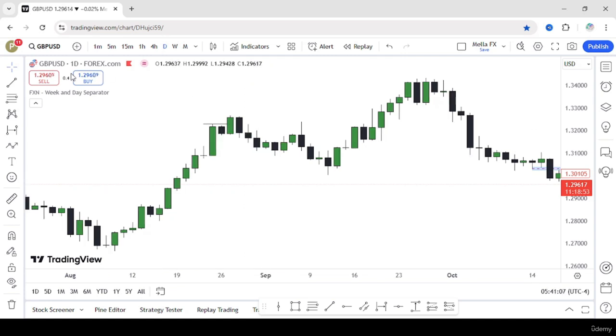But I can say also that the pound usually has a higher volatility compared to the euro dollar. So it's up to you to determine, because I think there's a high probability that this surpassed it by more than 20 pips.